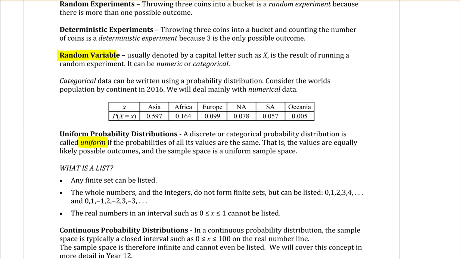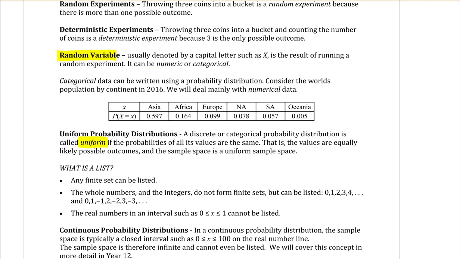What is a list? Any finite set can be listed. The whole numbers and the integers do not form finite sets but can be listed. So for example, as long as I give you an ending point, we can list those numbers off. And we have some negative numbers in there as well.